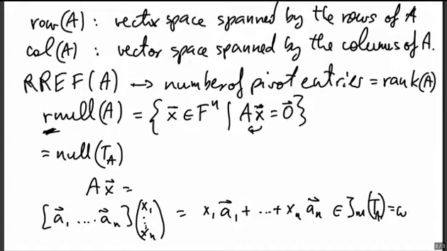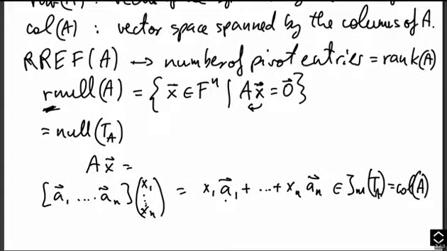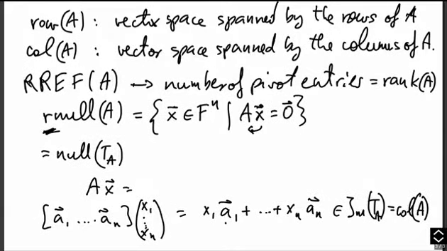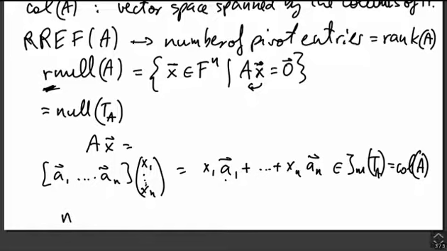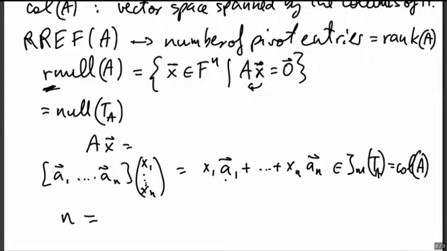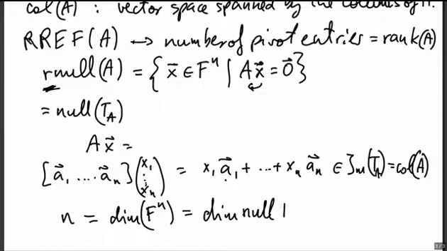And this is actually the same as the column space of A, since this is the linear combination of the columns of A. And then using our notation for the rank, that means that according to the definition and the previous theorem, n, the dimension of U, which is in our case the Fn space, is the dimension of the null space of TA plus the dimension of the image of TA.